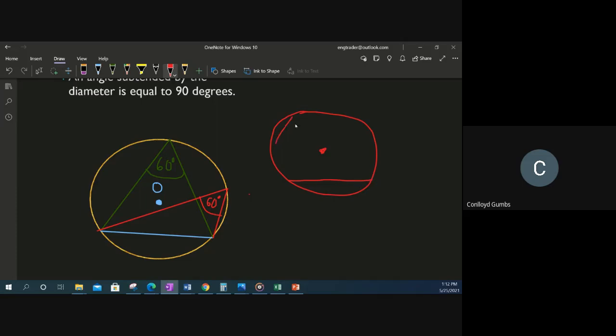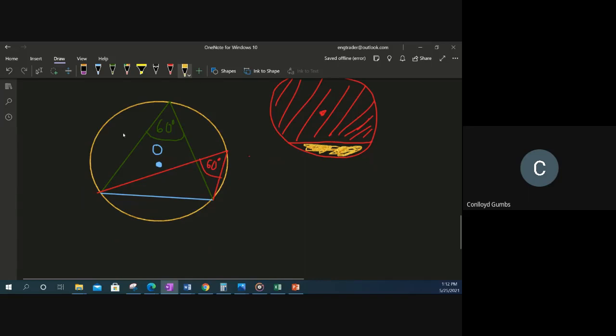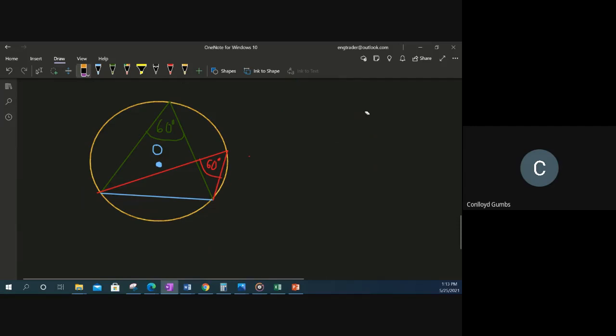Okay, this part is like a major segment, and then this next part here is a minor segment. So we are saying that both of these have to be in the same segment, or the same portion of the circle. That's just a fancy way of saying that they have to be in the same portion of the circle. This here is like a little piece, like you cut the pizza, and then the rest of the pizza is still on that same side. So these angles would be the same.